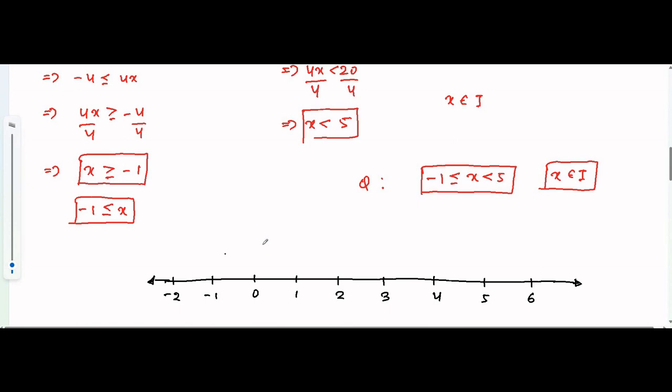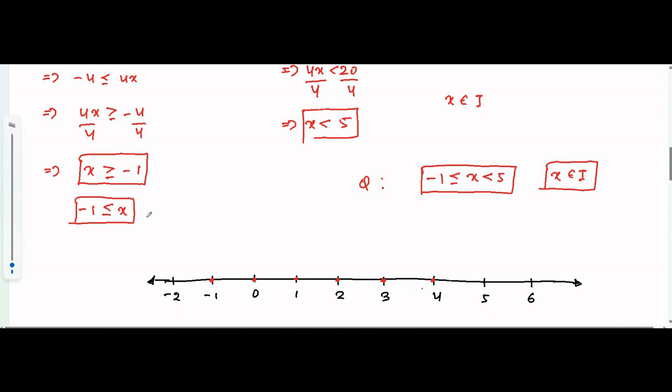Minus 1 lesser than equal to x, so minus 1 will be included. X is greater than equal to minus 1, so minus 1 will be included. 0 will be included. 1 will be included. 2 will be included. 3 will be included. X is lesser than 5, so 5 is not part of the solution, but 4 will be part of the solution.